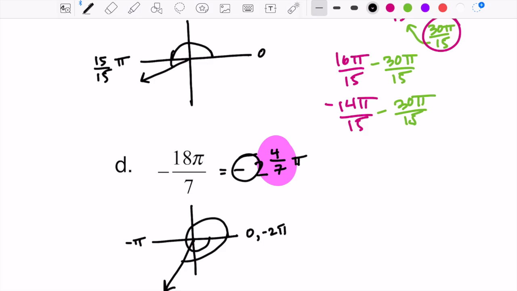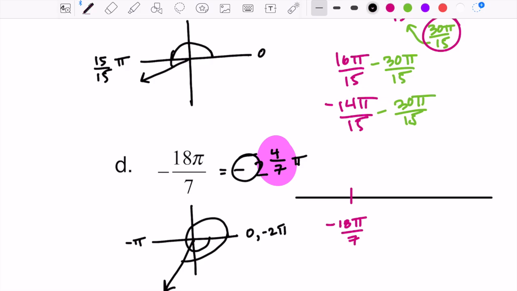So there's negative 18 pi over 7. And at this point, it's the same thing as before, except we probably are going to have to do some more positive work. So right here is negative 18 pi over 7.